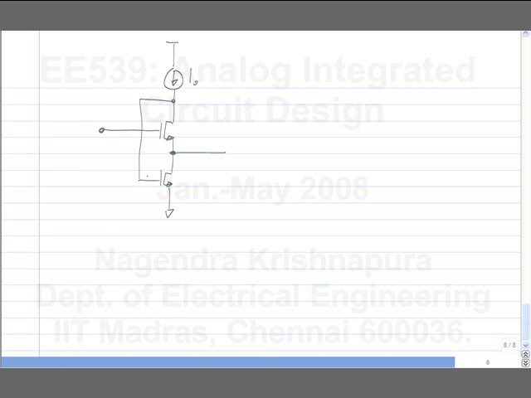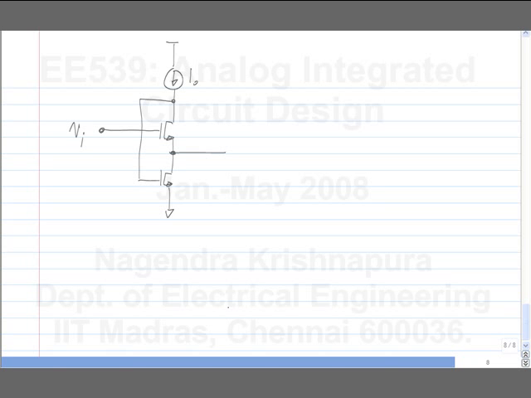Let's say I apply an input to the gate, okay, because I want to make a common drain amplifier, I know that the input has to be applied to the gate. So what will come out of the source? Is it similar to what we discussed so far?